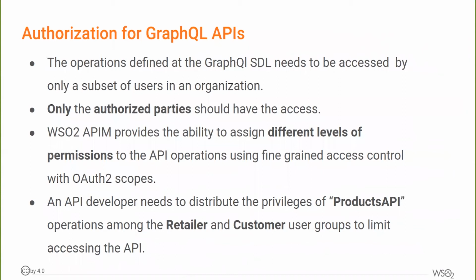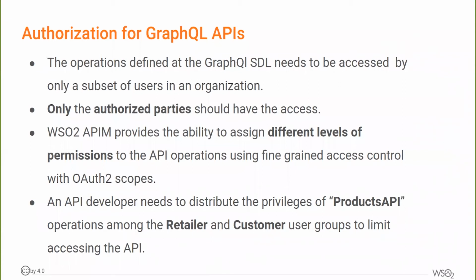WSO2 API Manager provides you the ability to assign different levels of permissions to each of the GraphQL operations, allowing fine-grained access control with auth scopes.